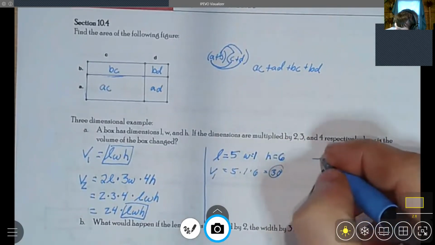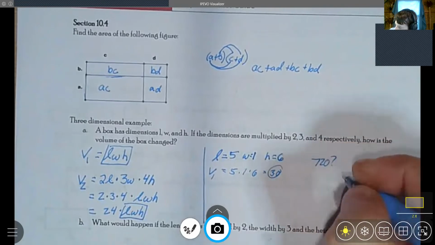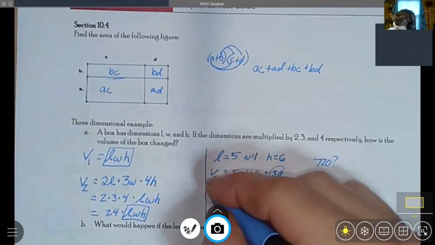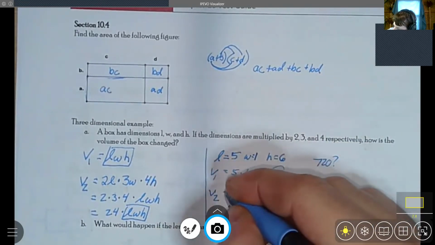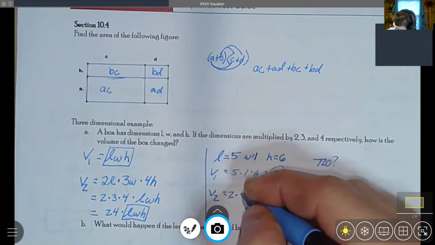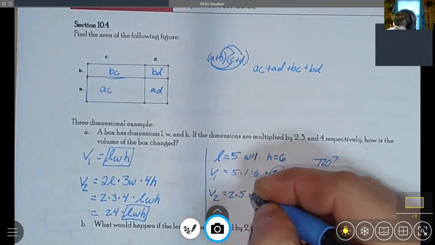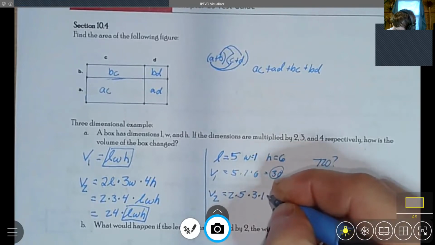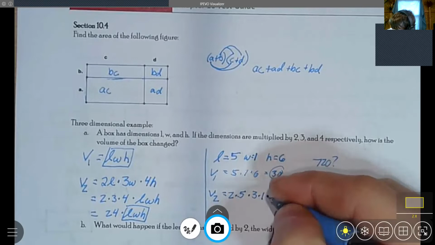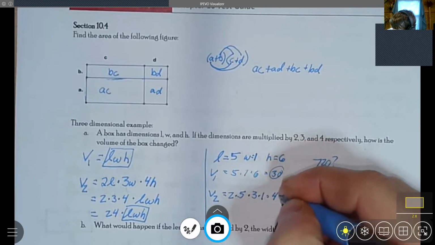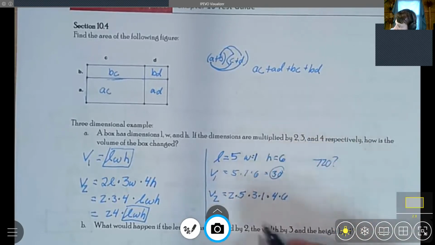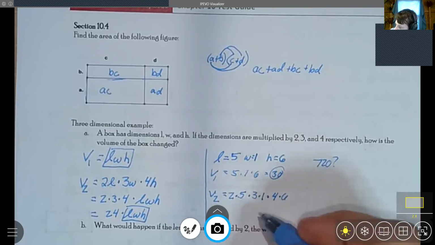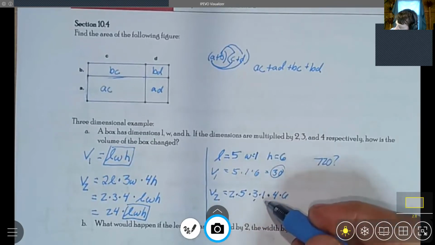So let's just see if that works. So volume 2 would be 2 times 5 times 3 times 1 times 4 times 6. So 2 times 5 is 10, times 3 is 30, times 1 is 30.